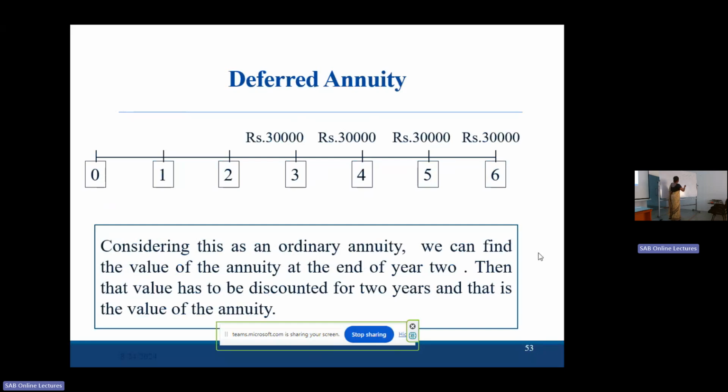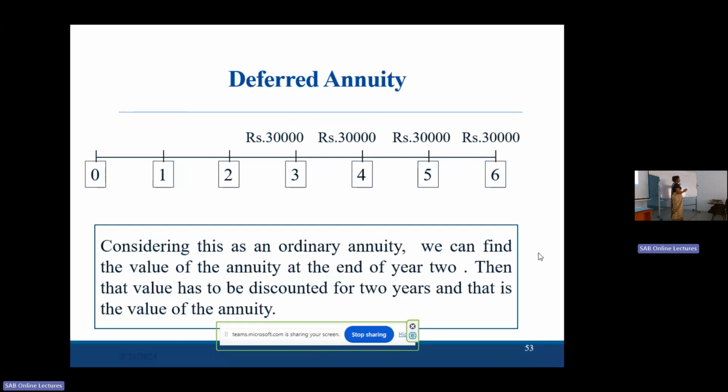To understand, if I draw another timeline for these 30,000 cash flows, it is like this: 0, 1, 2, 3, 4. So the 30,000 cash flows at 3, 4, 5, 6 we consider as the ordinary annuity.